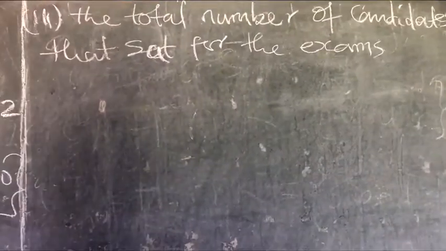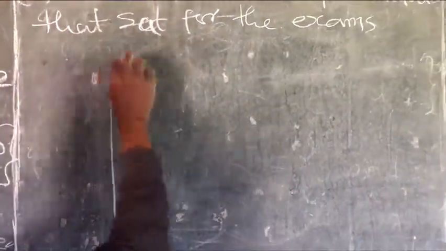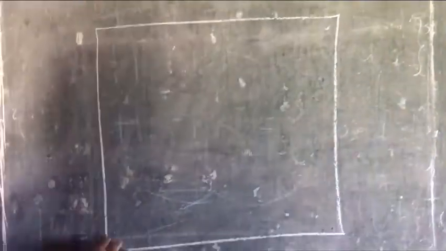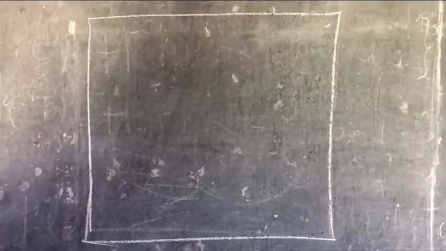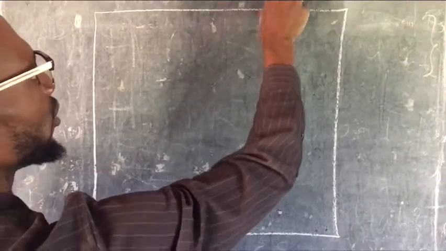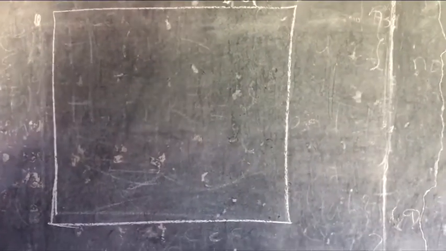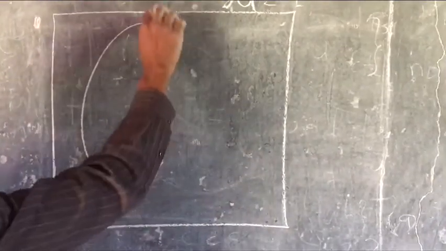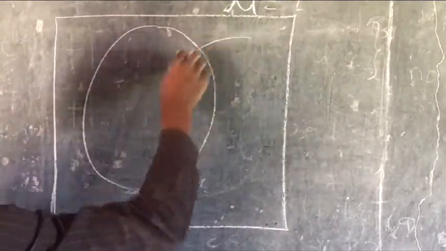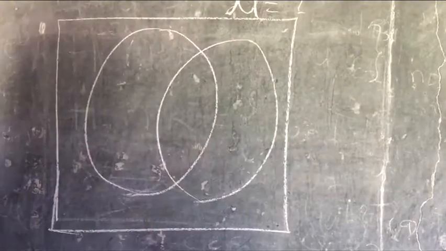Abi? So we fit use Venn diagram answer this question sharp, and then we go collect some things from the Venn diagram. So if na universal set, I no know wetin exams, but I know say I get two sets wey intersect each other like this.